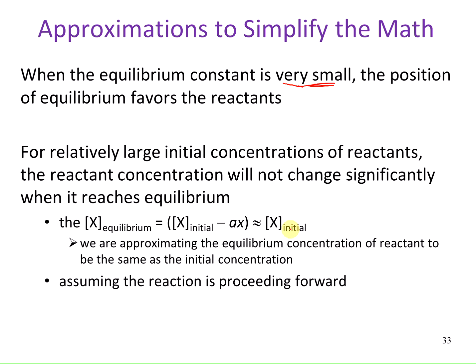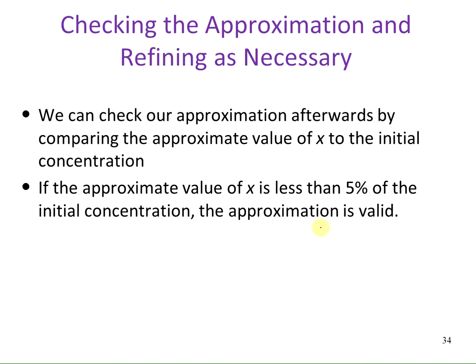And so that's where we'll use that approximation. That's where you're approximating the equilibrium concentration of reactant to be the same as the initial concentration. And we are assuming the reaction is proceeding in the forward direction. We can check our approximation afterwards by comparing the approximate value of x to the initial concentration.